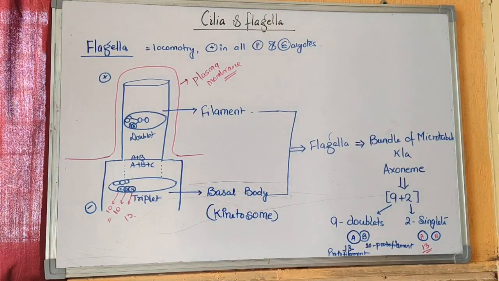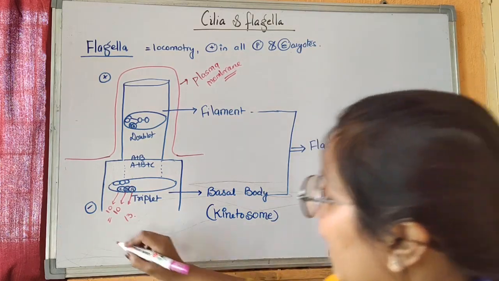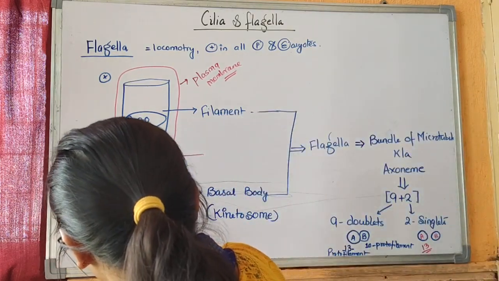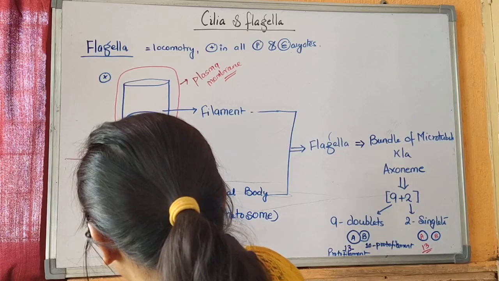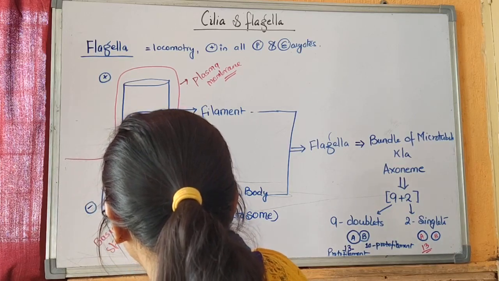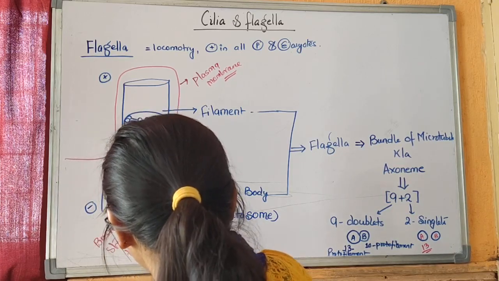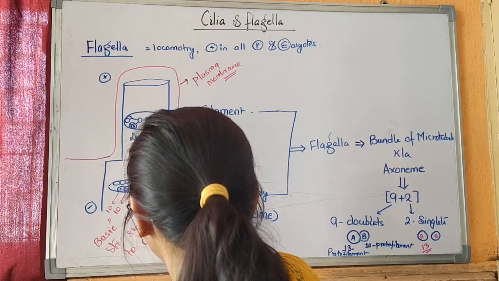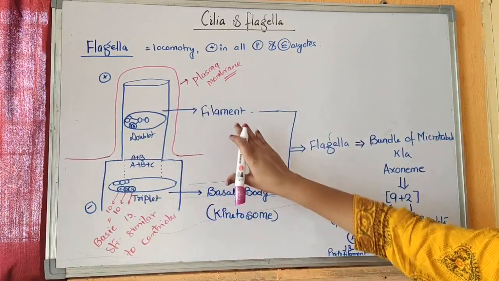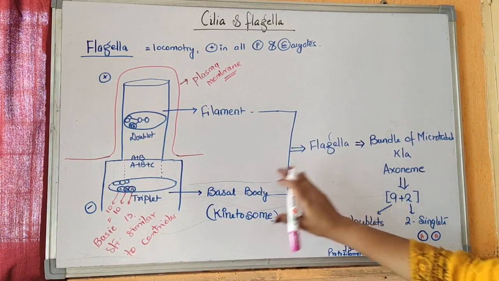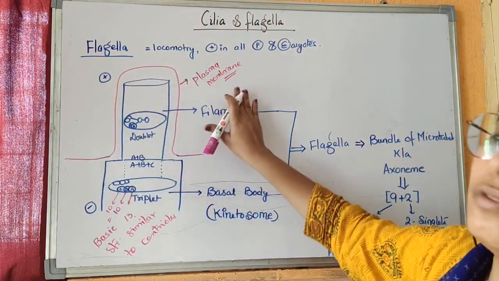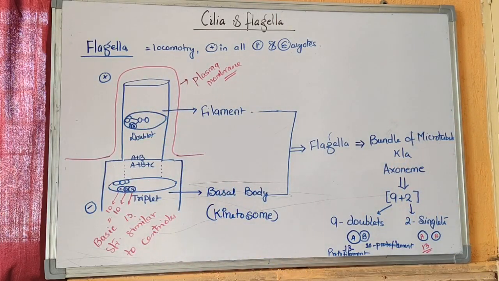This basal body of a flagella is called the kinetosome, and it has a basic structure similar to centrioles. The filament of the flagella has an outer covering of plasma membrane.